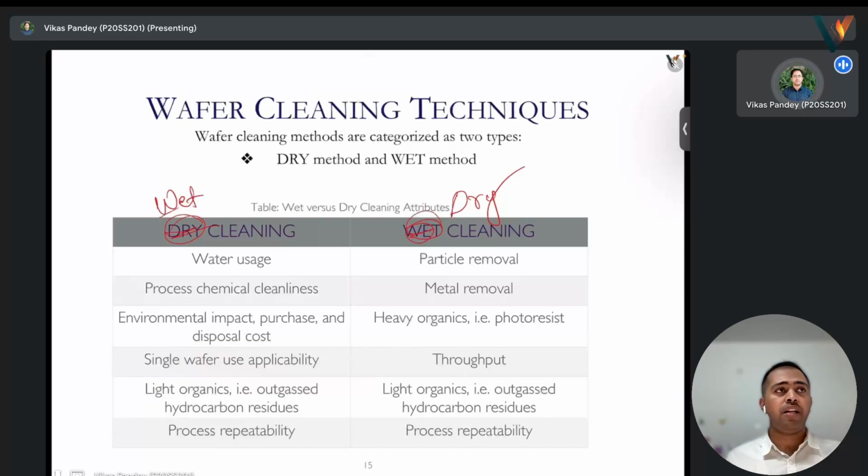But dry cleaning is not a batch process. It is a single wafer process, so it can be costly, and the chemicals involved are not that environment friendly, we can say. Okay, so the throughput will be less, but it will give better quality, just slower.